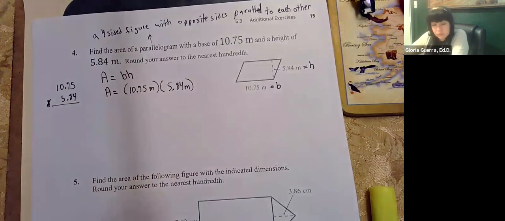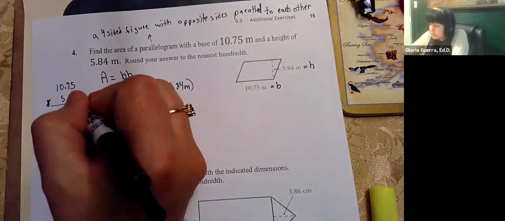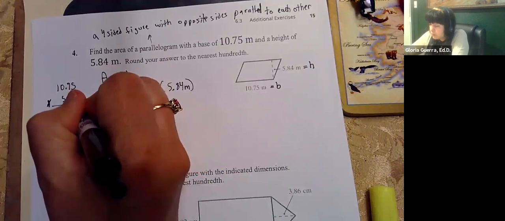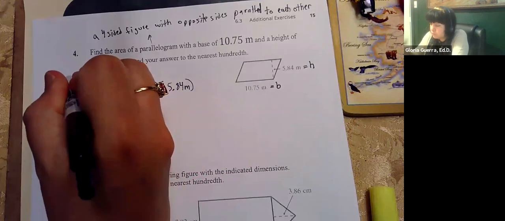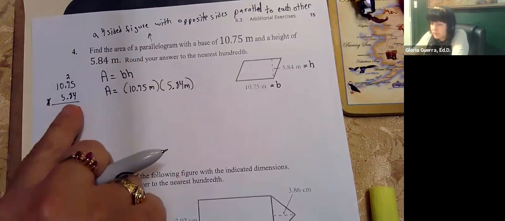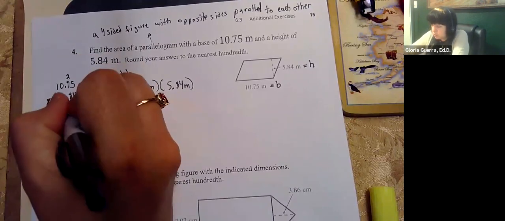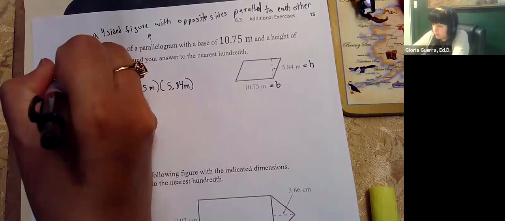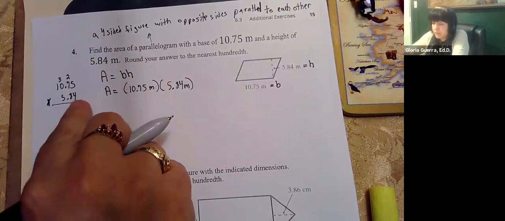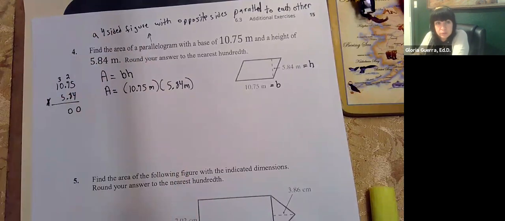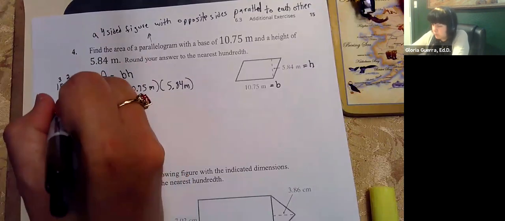Okay, so we start with 5 times 4 is 20, carry the 2. 4 times 7 is 28, plus 2 is 30, carry the 3. 4 times 0 is 0, plus 3.